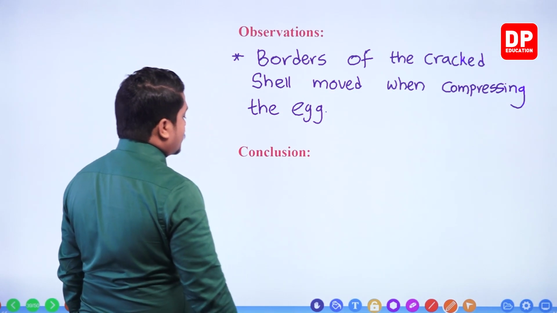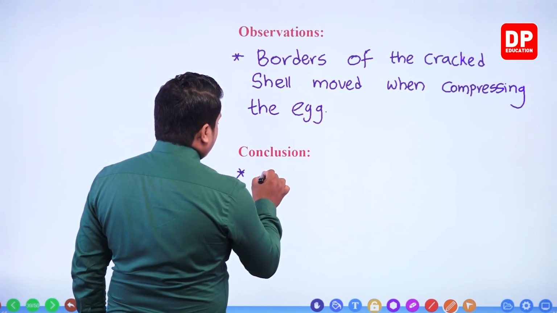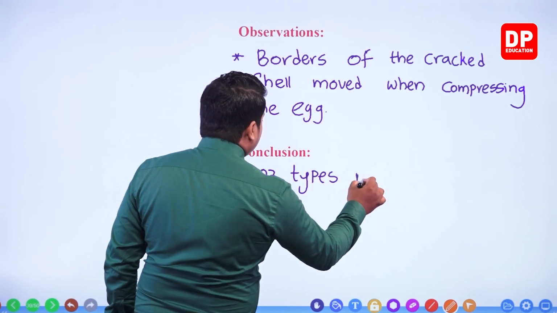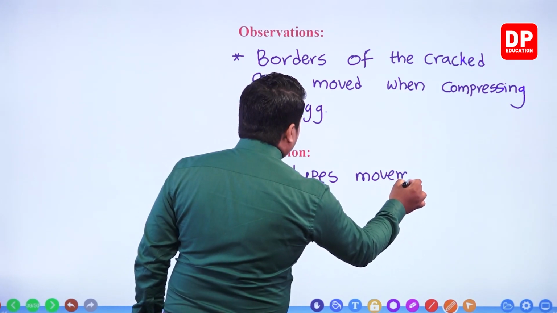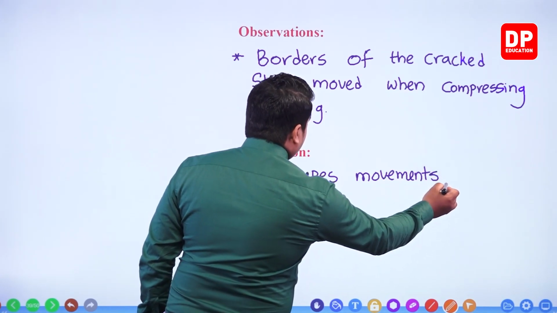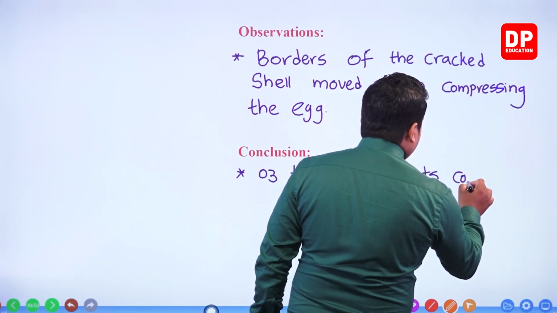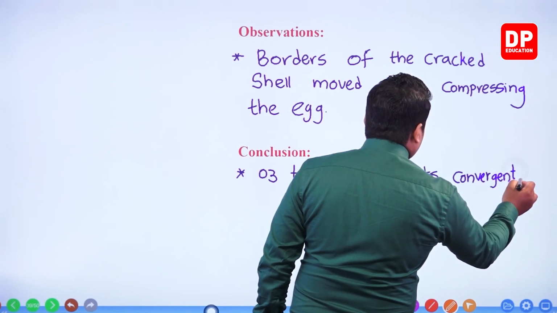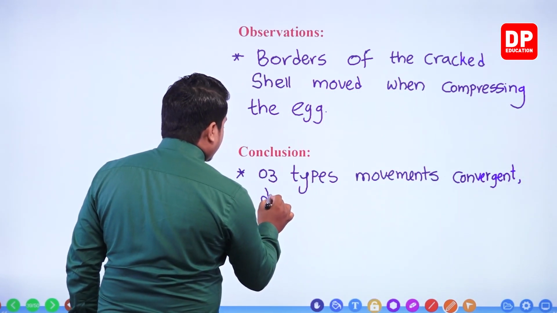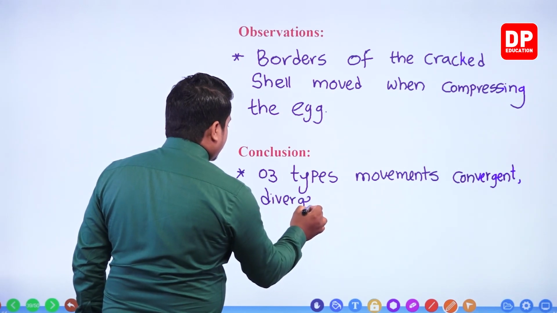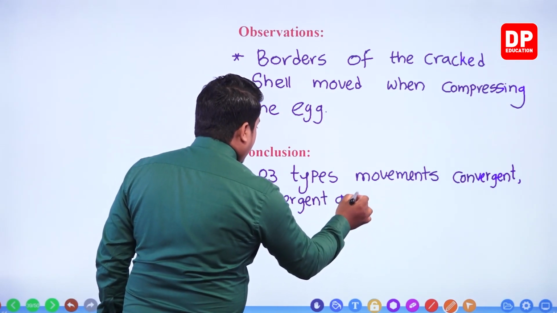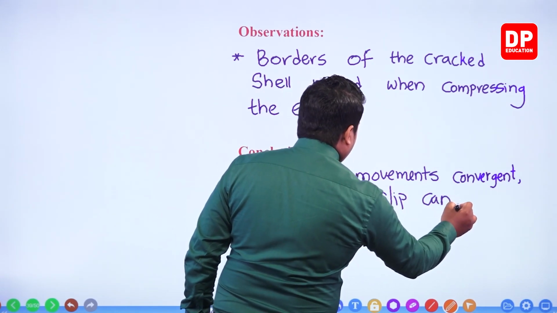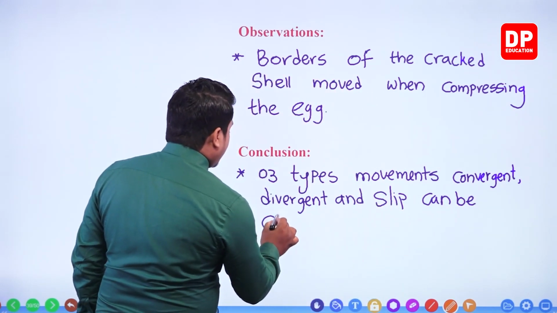Okay, so the conclusion is: three types of movements, convergent, divergent, and slip, can be clearly identified.